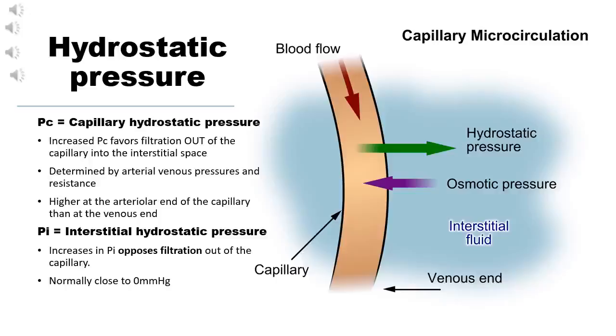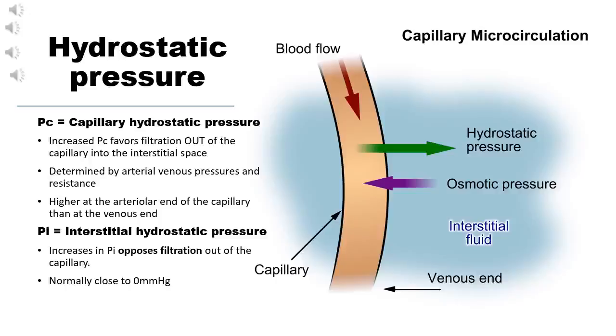If we have increased capillary hydrostatic pressure, we're going to have increased filtration. Capillary hydrostatic pressure is determined by arterial and venous pressures and arterial and venous resistance. It is going to be higher at the arteriolar end of the capillary than at the venous end because the arterioles are going to have a higher pressure and resistance than the veins.